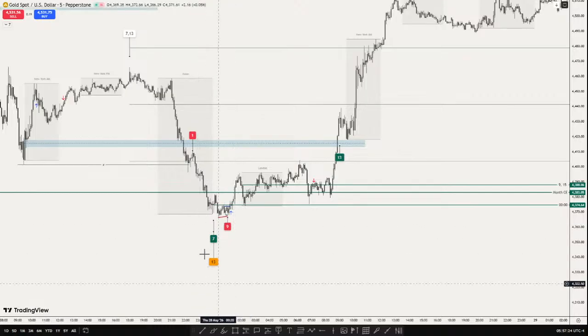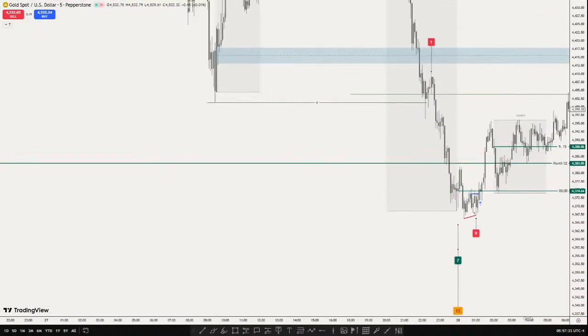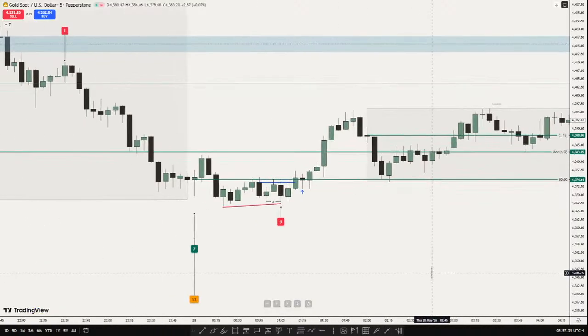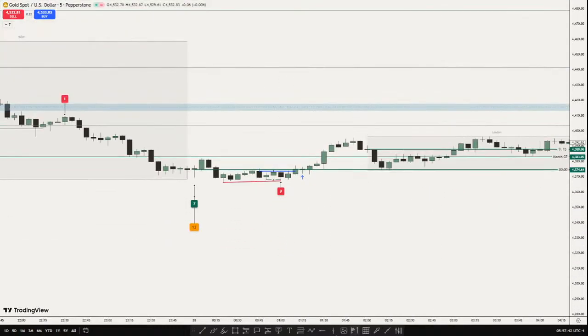This is convergence of time. So higher time frame key level, convergence of time, and lower time frame shift. This is simply what I am doing here. Lower time frame shift, and then the move.